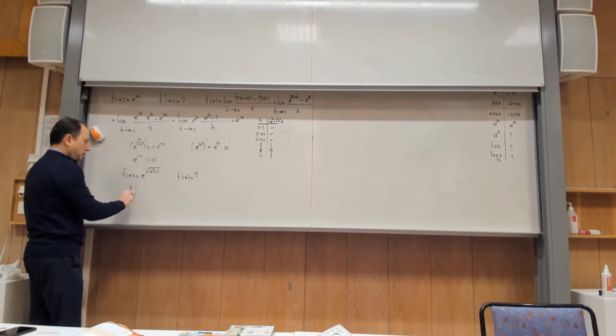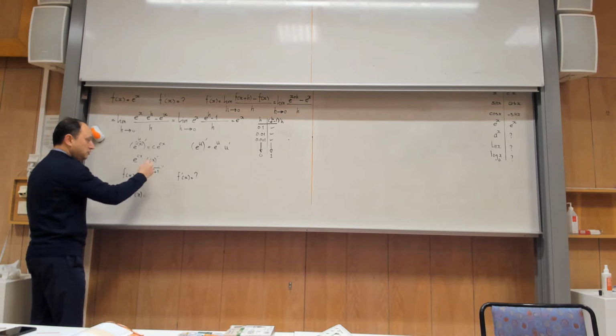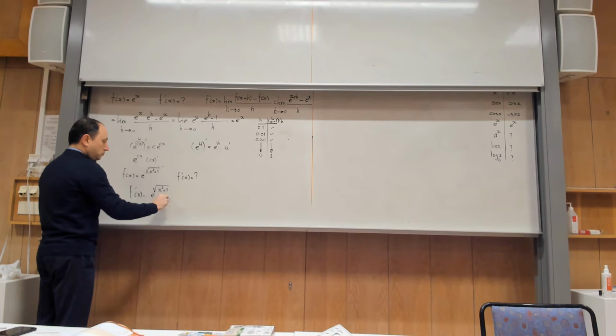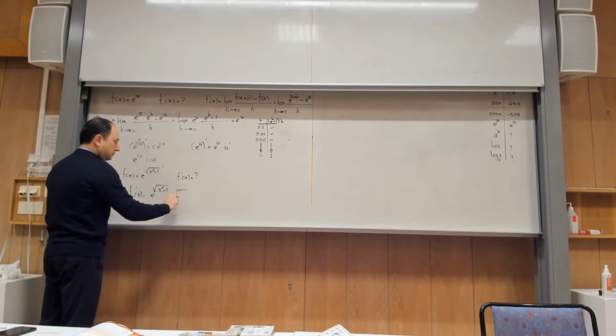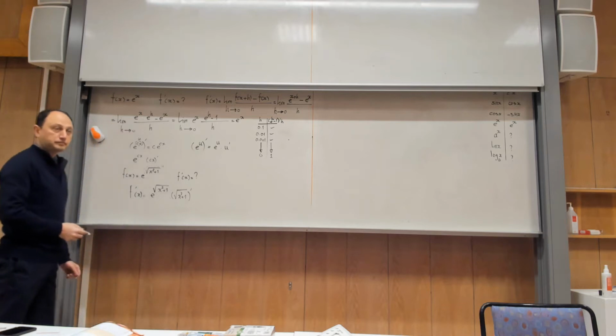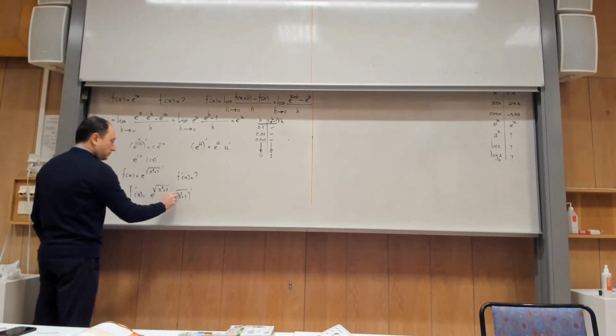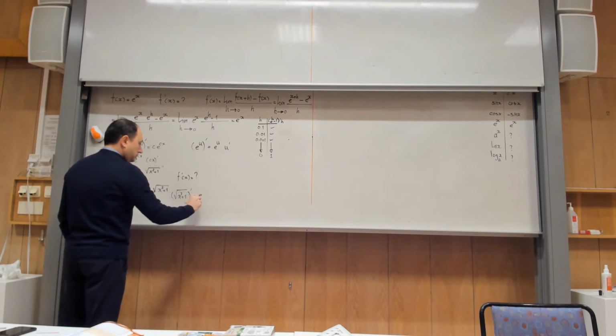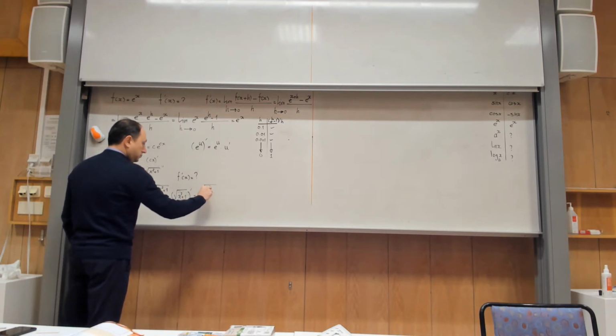So I take the derivative, it becomes e to power u, but multiplied by u prime. Yes? And now this time, I will take this one to be u, and then e to the power of square root of x squared plus 1.